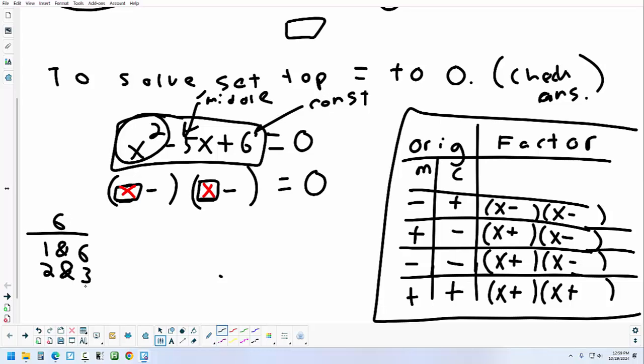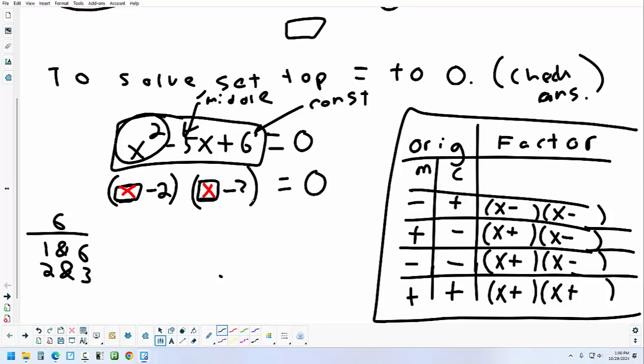So would that be the 1 and the 6, or the 2 and the 3? The 2 and the 3. And because it's an x minus and an x minus, it doesn't matter which one you put where. If one of them is a plus and one of them is a minus, then it matters which number you put where.